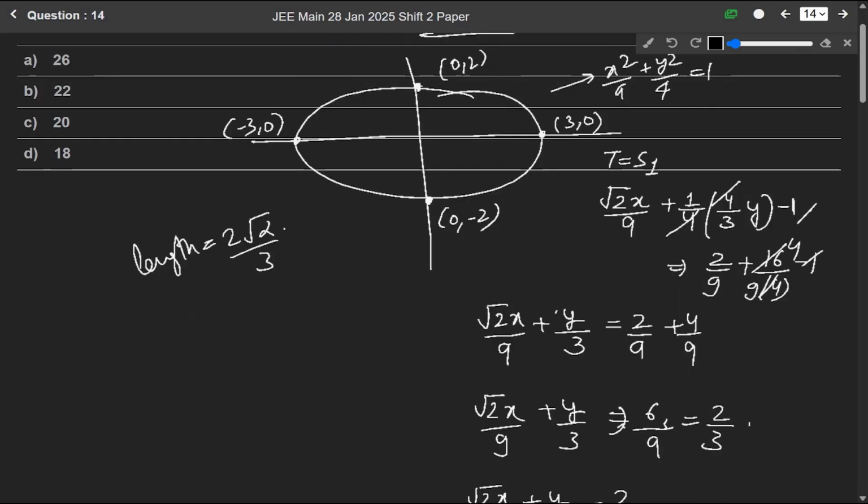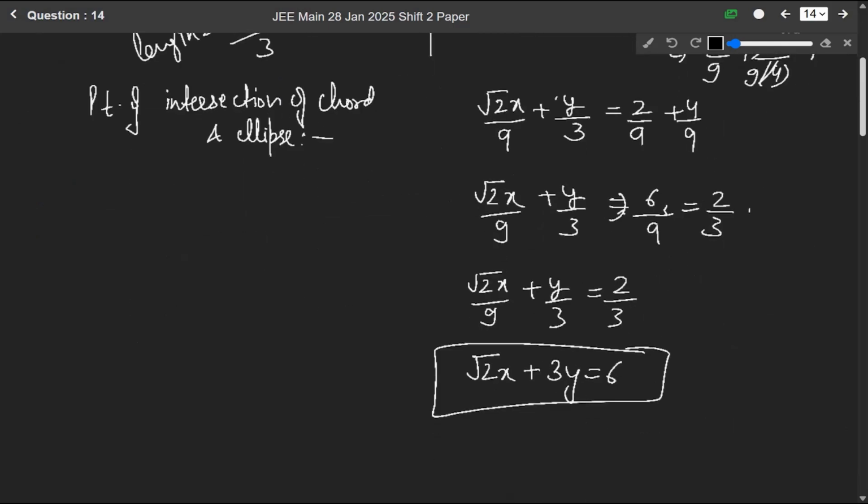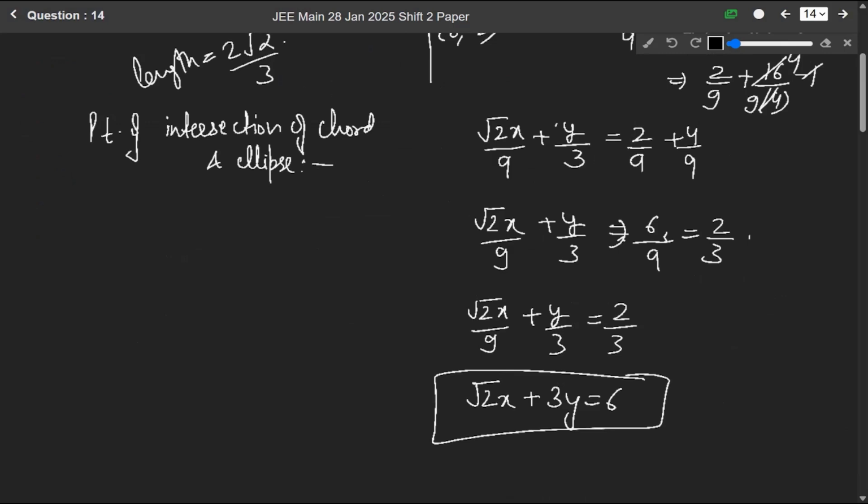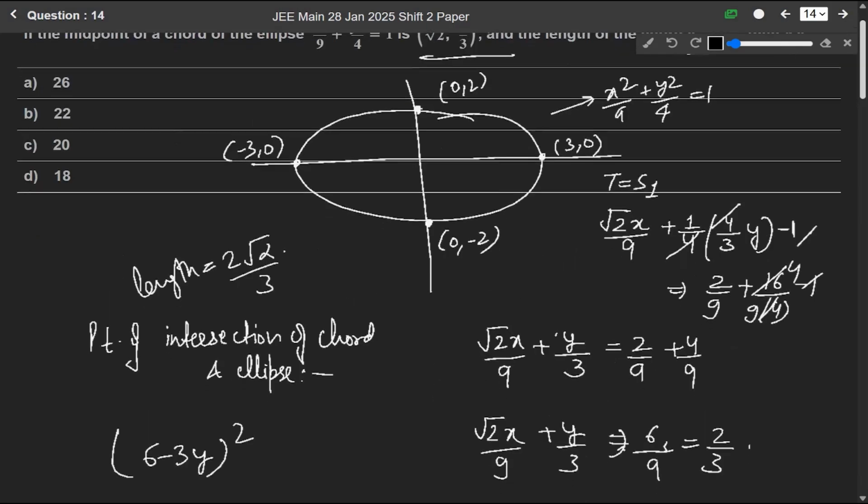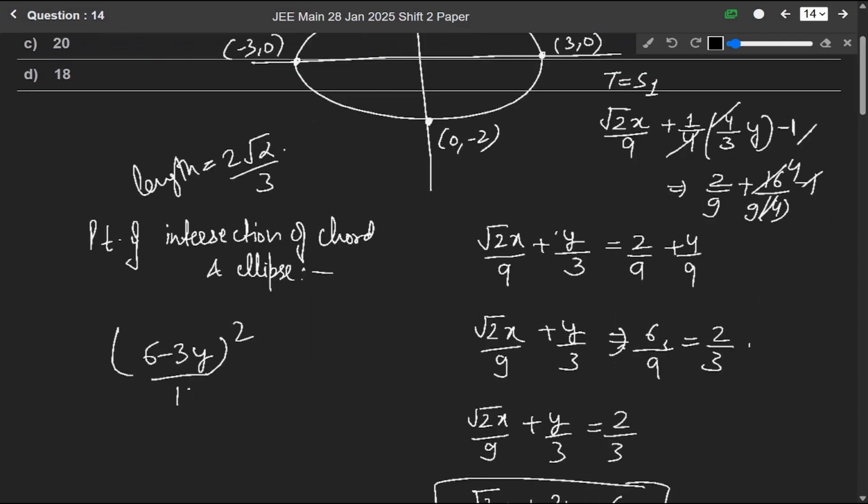So now the points of intersection of the chord and the ellipse: with root 2x plus 3y equals 6, we substitute into the ellipse to get (6 minus 3y) whole square over 18 plus y square over 4 equals 1.